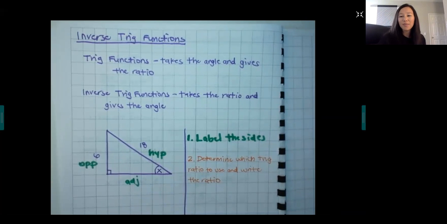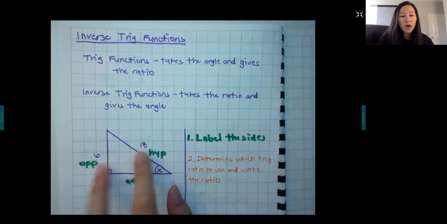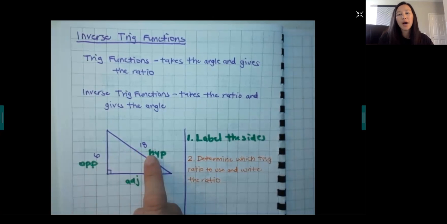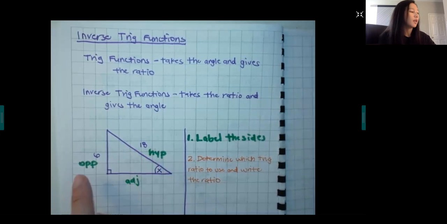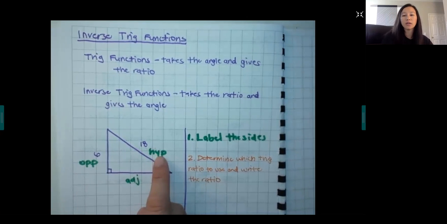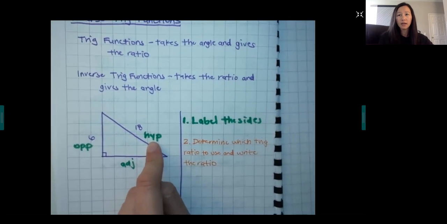Based on the information that you're given, that's how you're going to decide which ratio. So we have this angle, and the two sides that we know are the opposite side and the hypotenuse. So is it sine, cosine, or tangent that uses the opposite and the hypotenuse? Out of SOH CAH TOA, that's going to be sine.